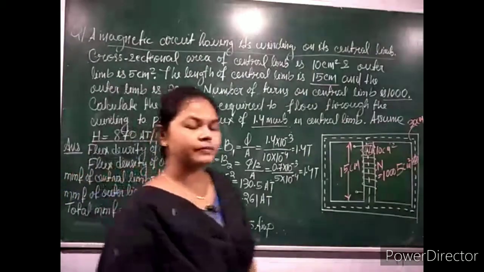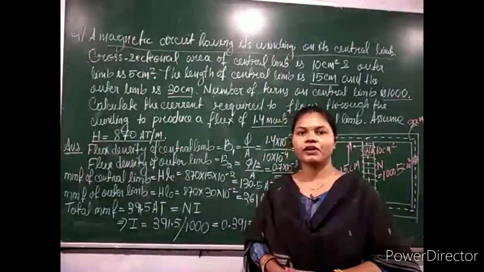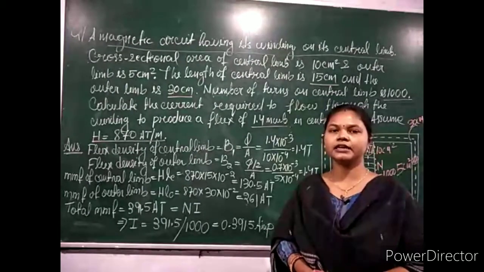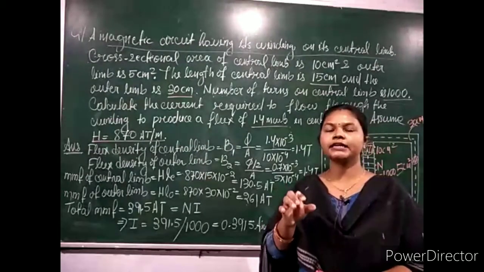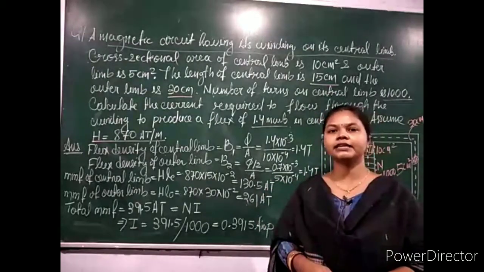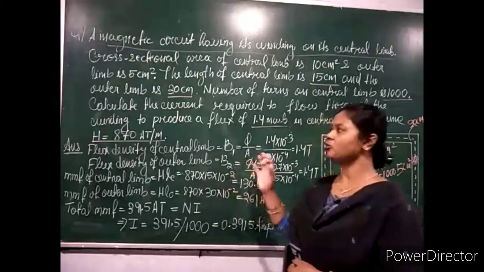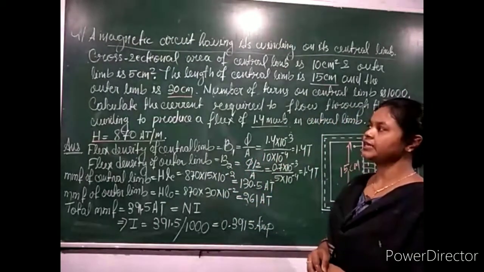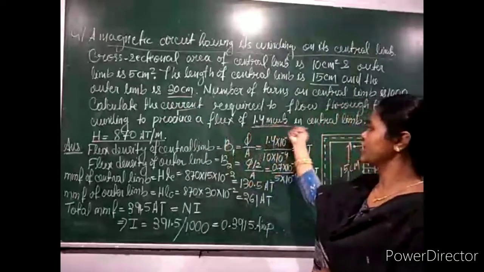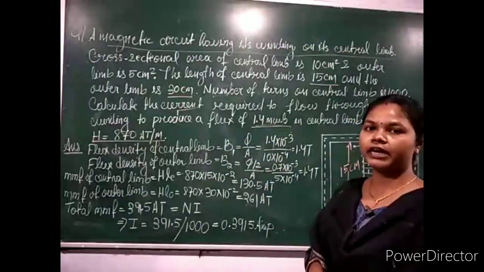Okay, this is my question. First, proceed for its solution. You see what parameter is to be calculated and what parameters are given. The question is to find the current required to produce a flux of 1.4 milliweber.